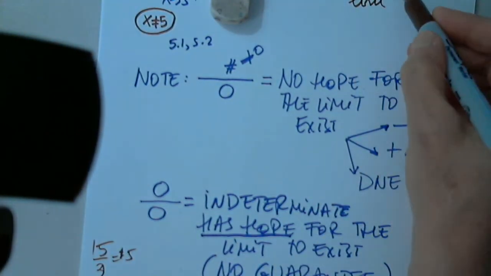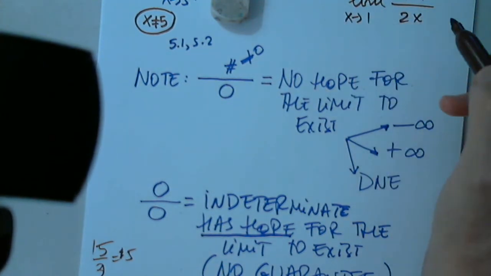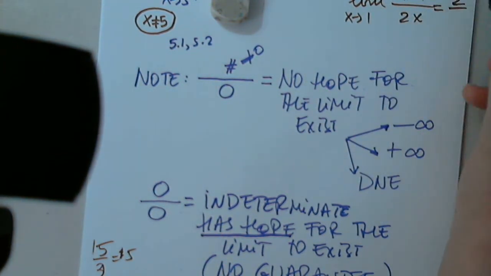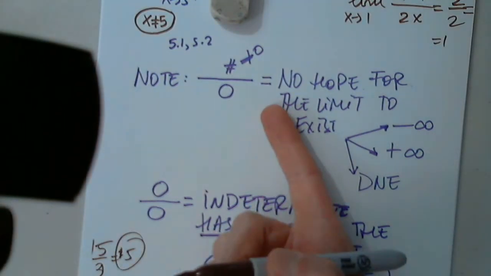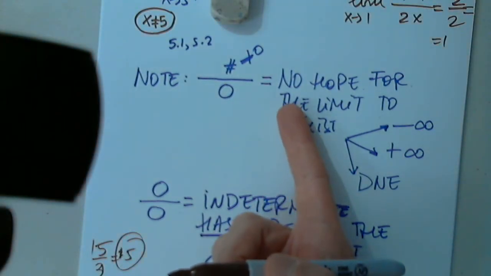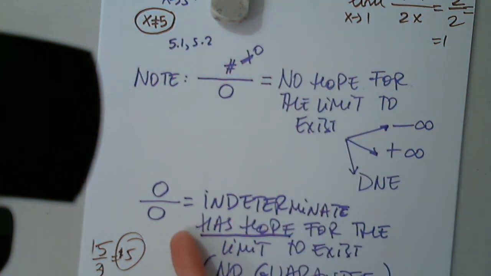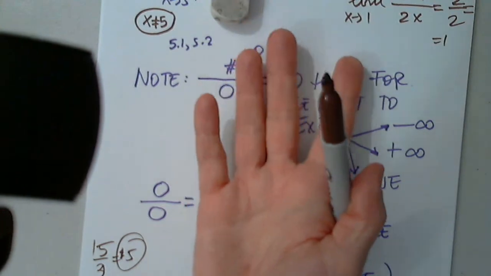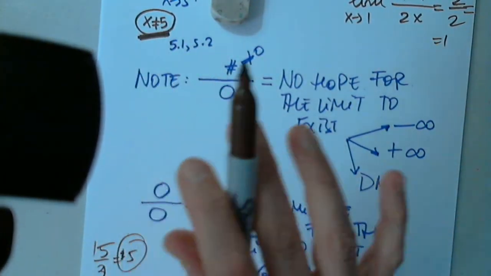So let's say I have x plus 1 divided by 2x, and x approaches 1. Yes, 1 plus 1 is 2. 2 times 1 is 2. 2 over 2, the limit is 1. So I can get a simple number. I can get something that I really don't like because there is no hope. And I can get something that has hope. I have to see what it is first. So I will have to plug it in, at least for a moment.